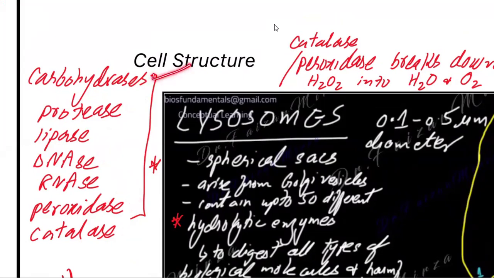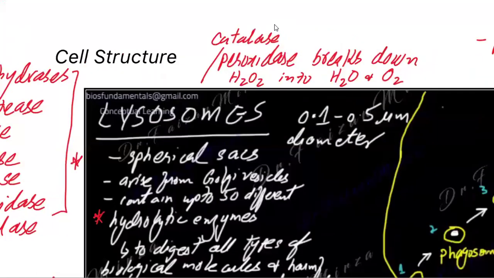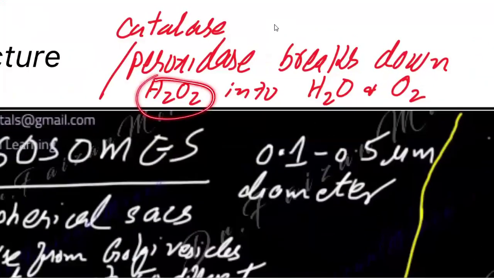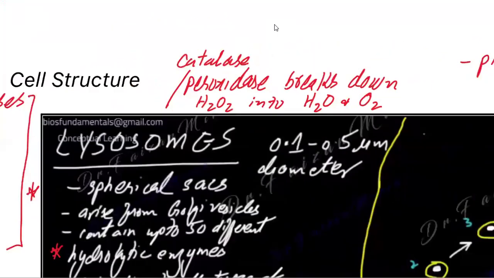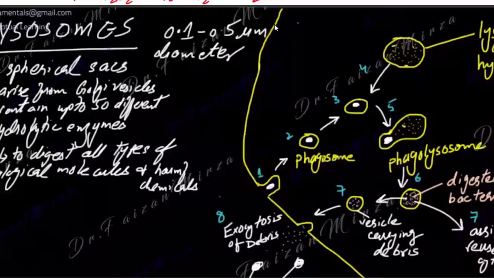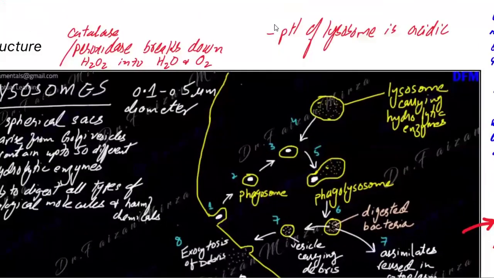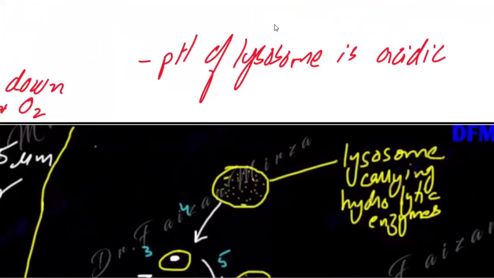Carbohydrase is for carbohydrates, protease for proteins, lipase for lipids, DNase for DNA, RNase for RNA. Peroxidase and catalase both carry out the same reaction, working on hydrogen peroxide and breaking it into water and oxygen. One of the functions of lysosomal enzymes is to break down the compounds which are provided to them.